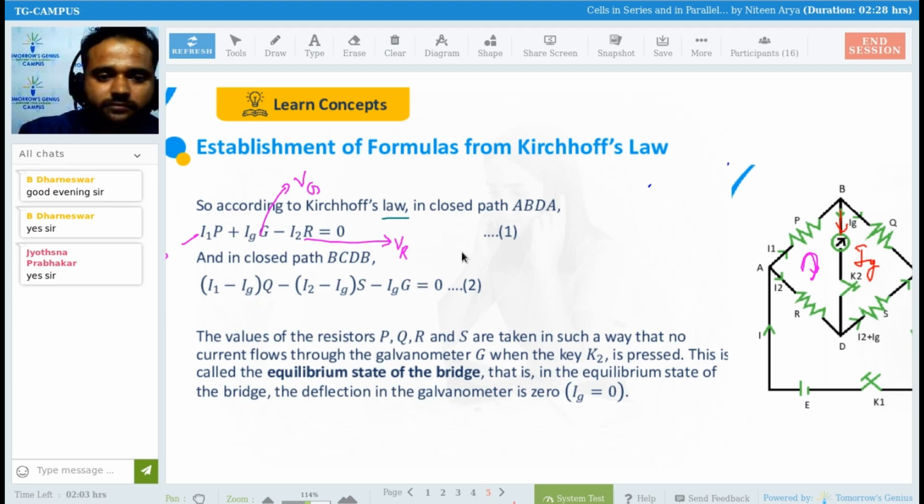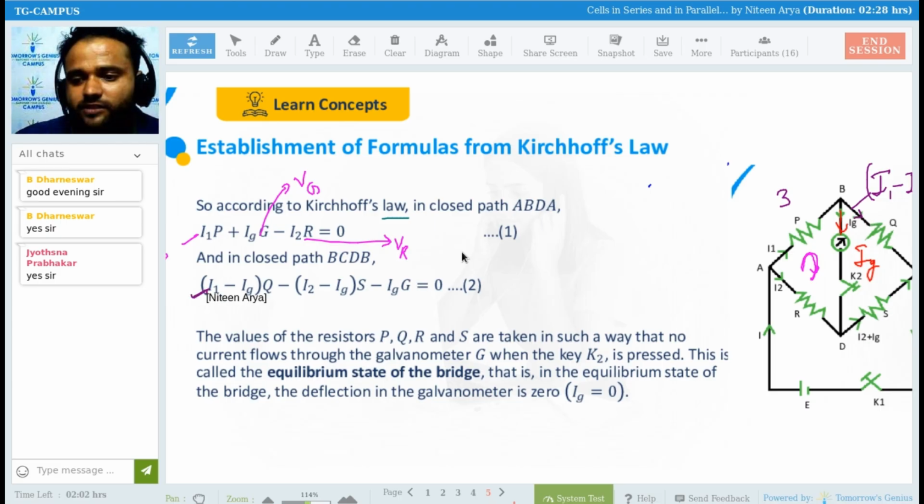Suppose I1 is 3 ampere and IG is 1 ampere. So that is 3 minus 1, which is 2 ampere. In the same analogy, here we have I1 minus IG. Here as well, I2 plus IG.